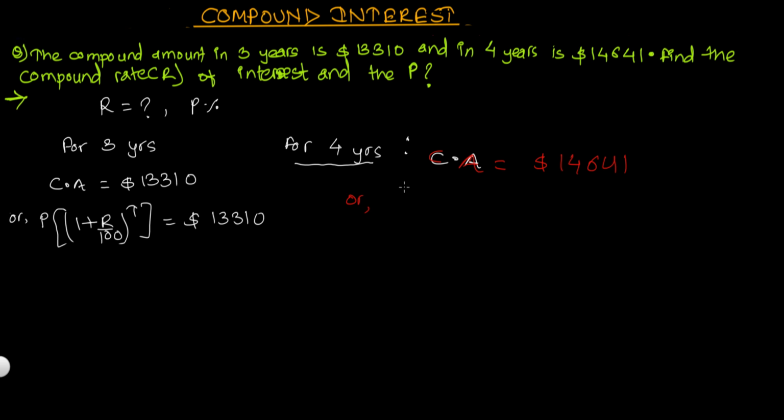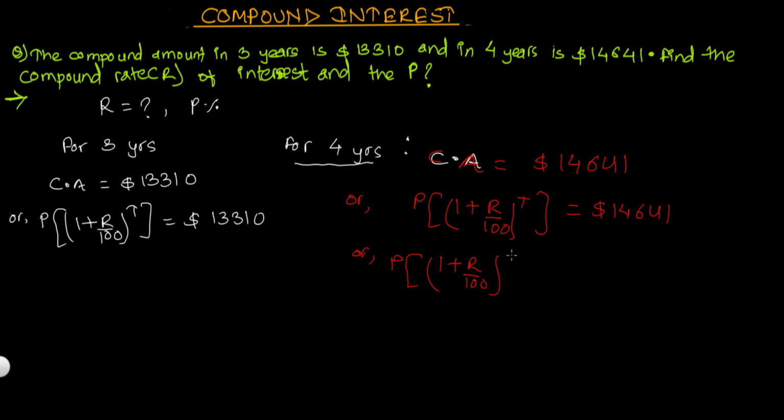Earlier we derived the formula for compound amount as P(1 plus R over 100) to the power T. Let us replace the value of time. So we get P(1 plus R over 100) to the power 4 years, equals $14,641.